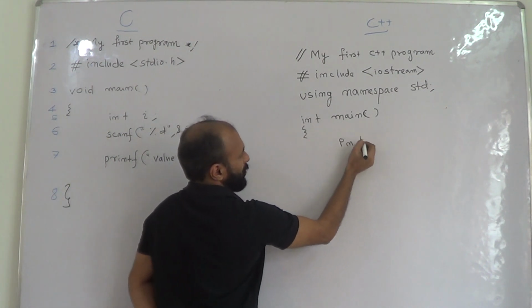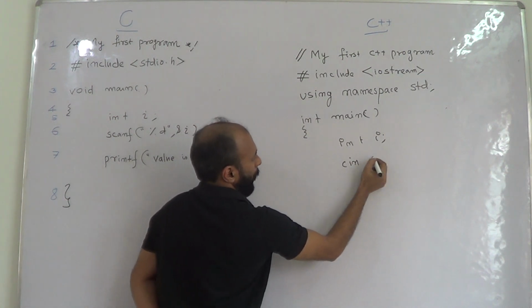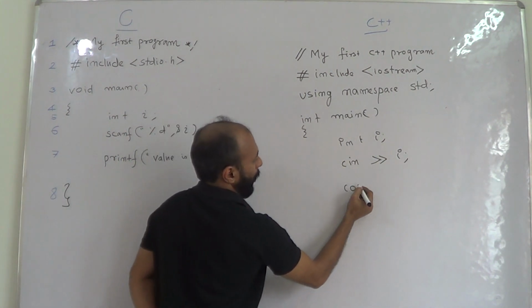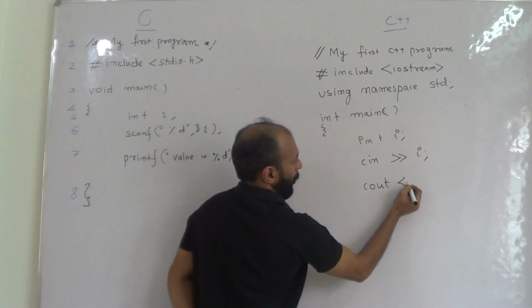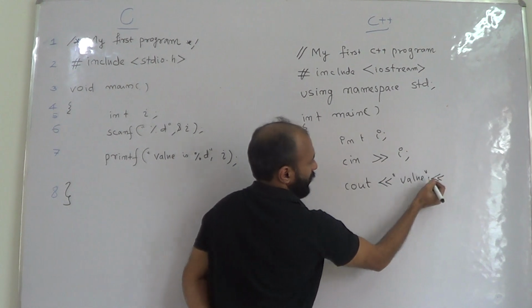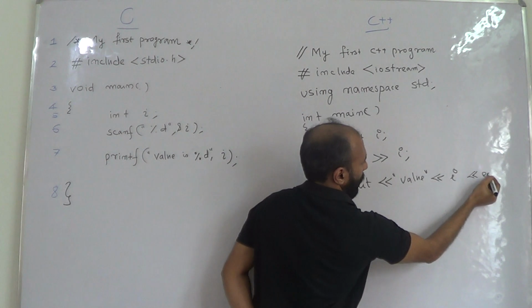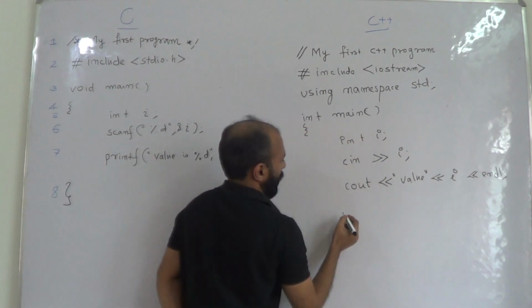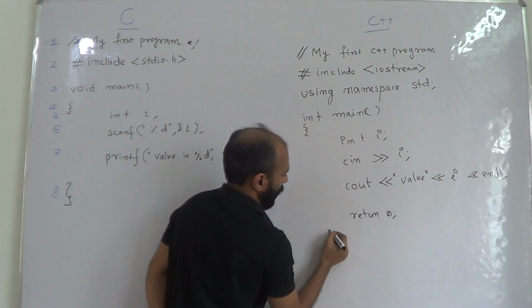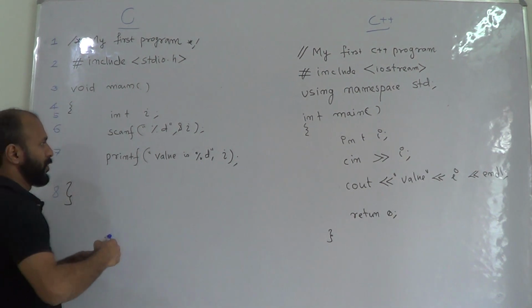I am declaring variable int i. Now I am counting. This is my first C++ program. For example, here I am putting a new line character.